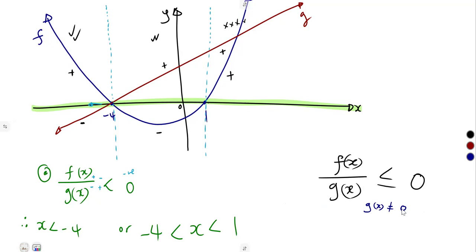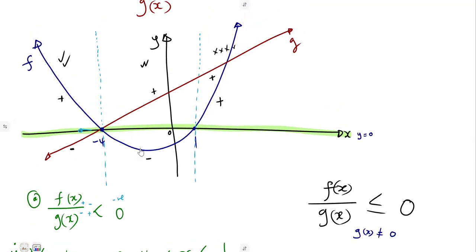Now, if we consider what is happening at -4, both f and g will be at 0. Remember, on the x-axis, y is equal to 0. So at -4, f is 0 and g is also 0 there.